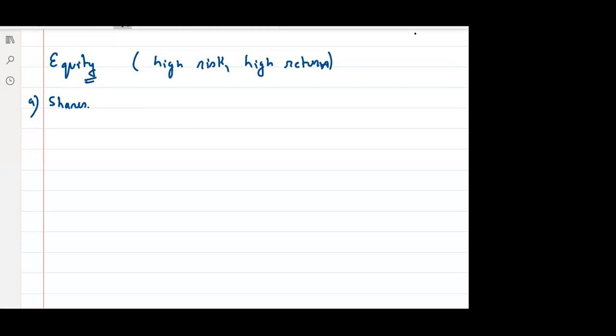Now there are lots of other things also that you might not understand now. They are called derivatives. So basically, it is share derivatives.